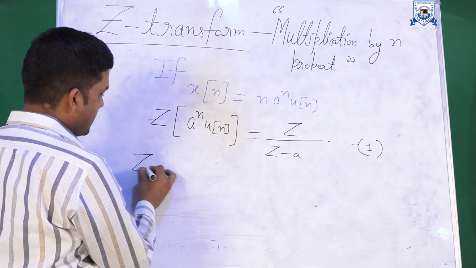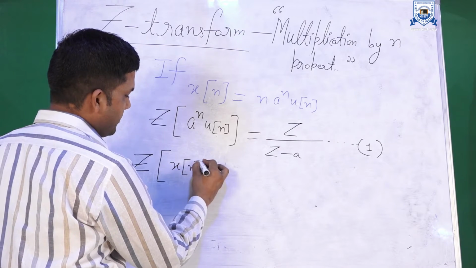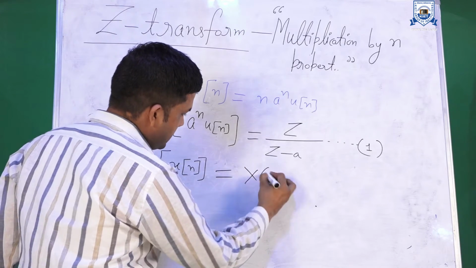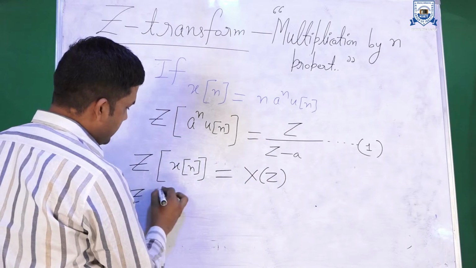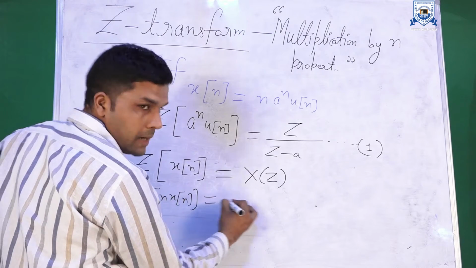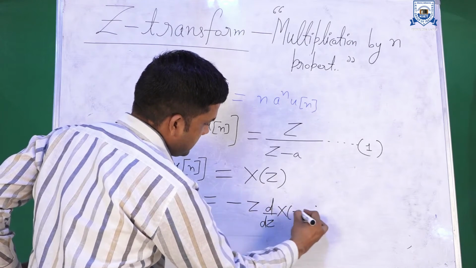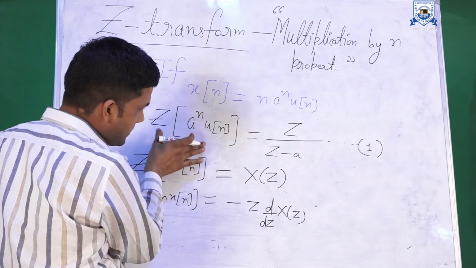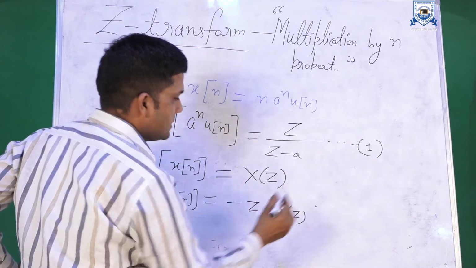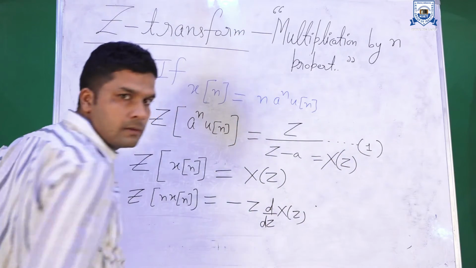Using the properties of the z transform, and the multiplication by n property: the z transform of x[n] is X(z), and the z transform of n x[n] is equal to minus z d by dz of X(z). Here we have written the z transform of a to the power n u[n] as z upon z minus a. Let it be X(z).